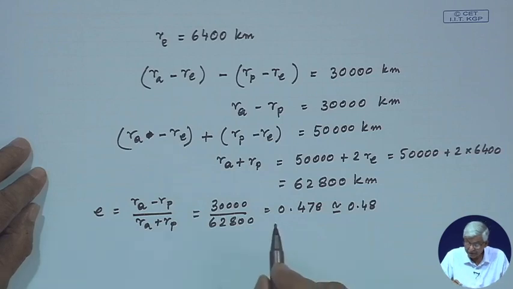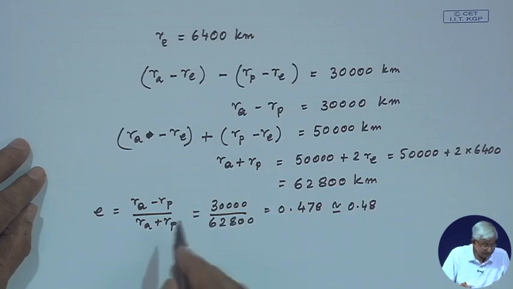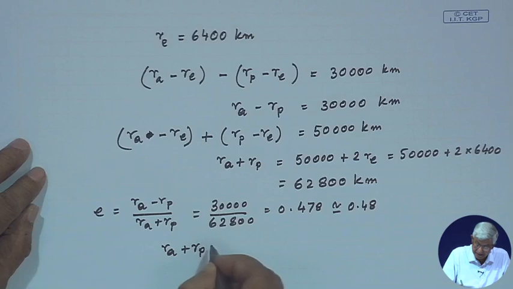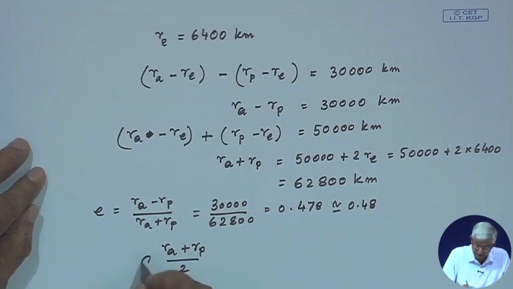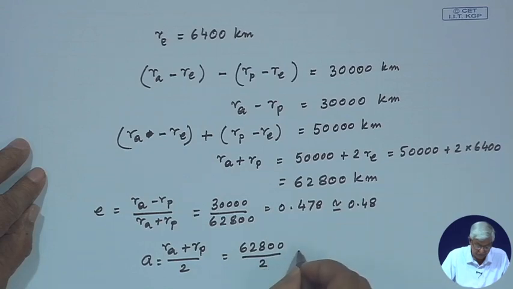And the other question was the semi-major axis, that is (R_A plus R_P) by 2, that is a, the semi-major axis. R_A plus R_P is already known, 62800 divided by 2.